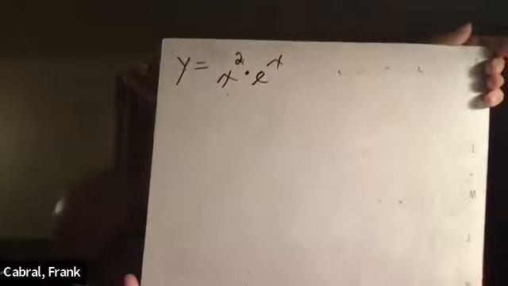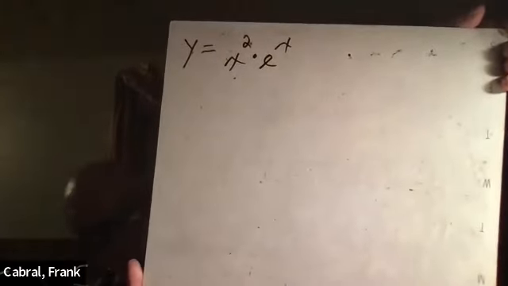First one is x squared, second one is e to the x. Okay, nice, simple product of two functions. So remember what I just said, first times the derivative of the second plus the second times the derivative of the first.